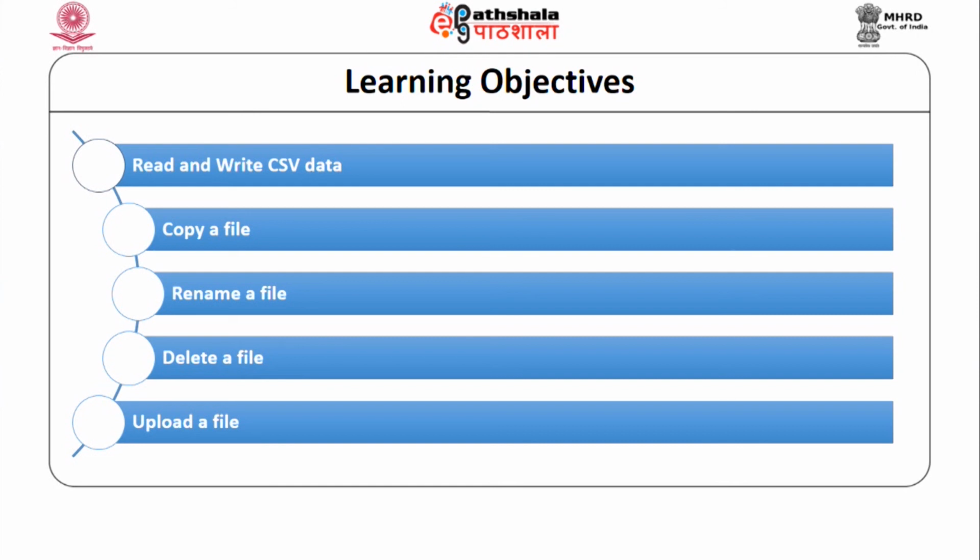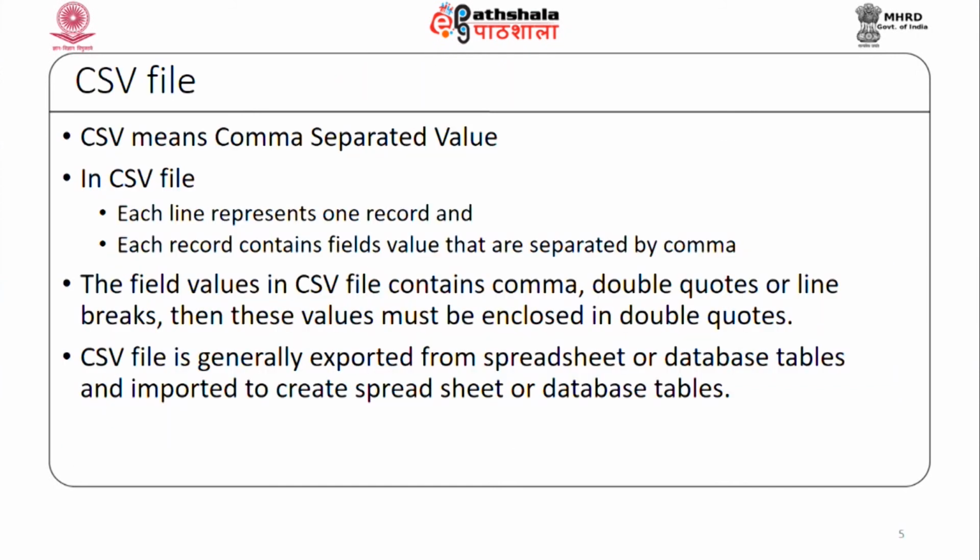So, let us start with CSV data. CSV is an acronym or short form of comma separated value. Many times you require a file written as comma separated values and you need to use it, because before the concept of databases, this type of file was very much used.